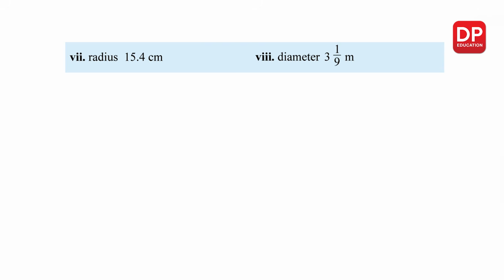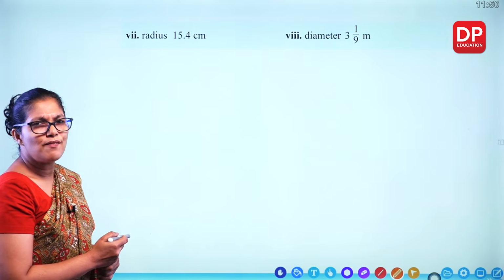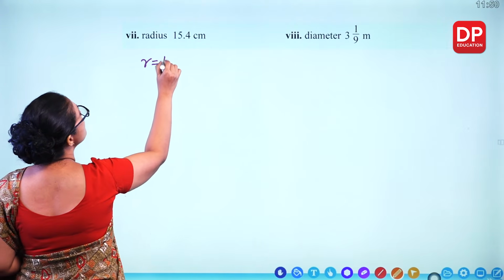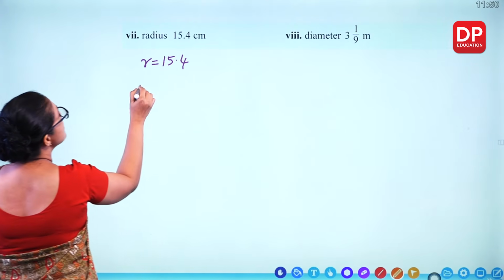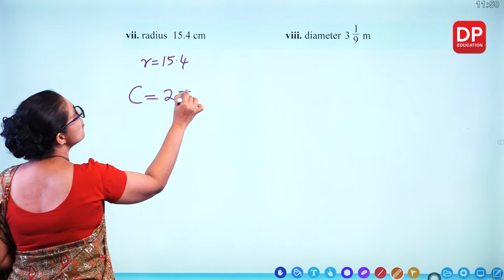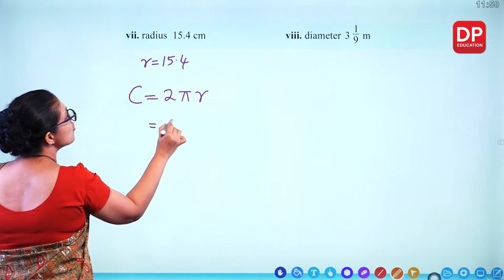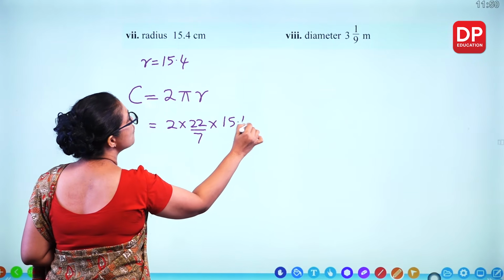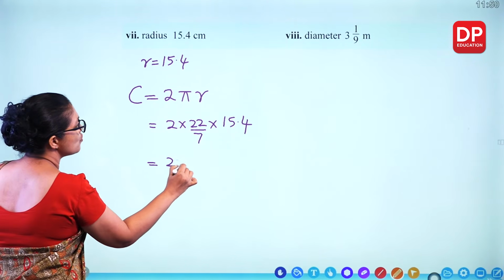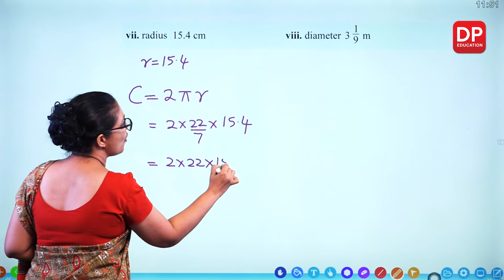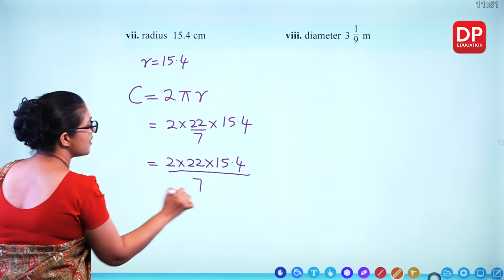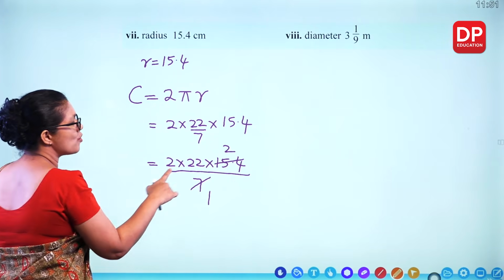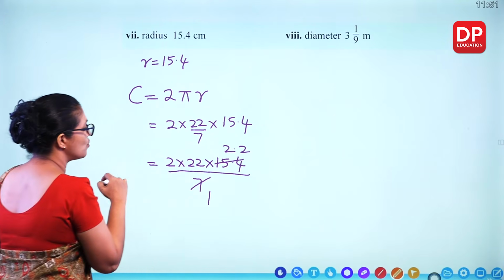Now 15.4 is the radius, so a decimal value. So we have to take the decimal value. So r equals 15.4. So what's the circumference? 2 pi r. So 2 times 22 over 7 times 15.4. So 2 times 22 times 15.4 divided by 7. So you can divide by 7 here. 7 times 1, 2, 14 and another 2.